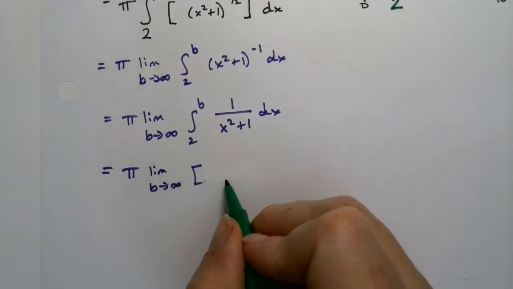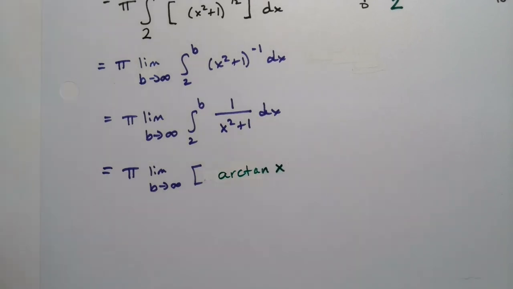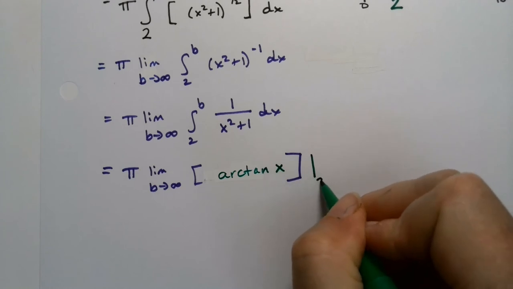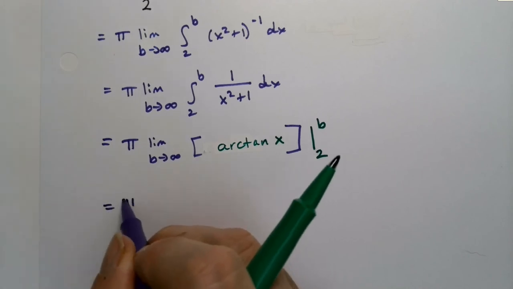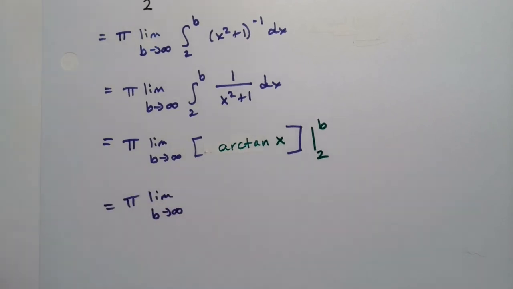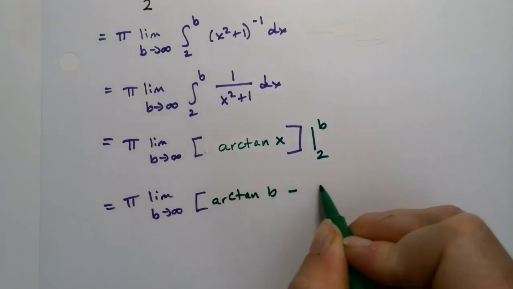So arctangent of x, and we're going to take that from 2 to b. All right, wonderful. So this is pi, limit as b goes to infinity, of the arctangent of b minus the arctangent of 2.